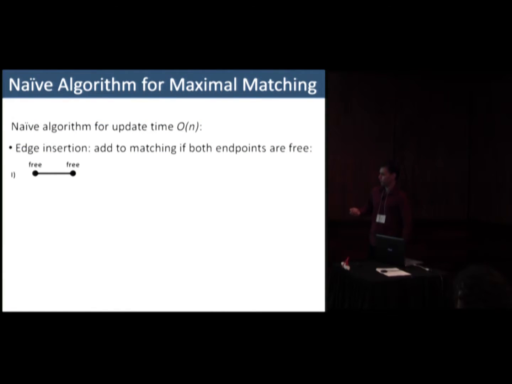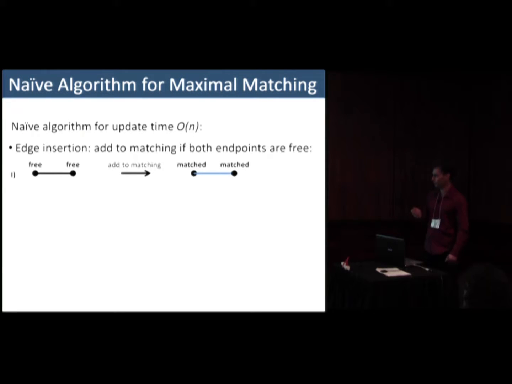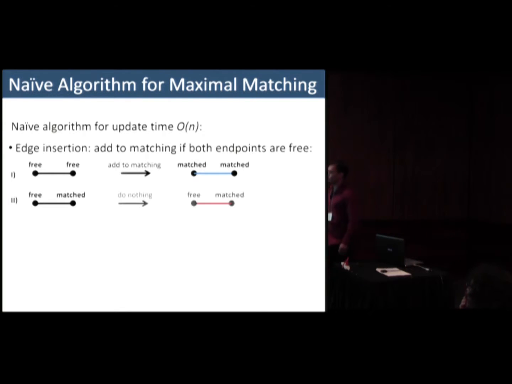Let's start with a very naive algorithm that will give us an order n update time. Following an edge insertion, we just check if the two endpoints are free. And if this is the case, we add the edge to the matching. And if this is not the case, then we don't need to do anything. So that's a constant time operation. If we delete an unmatched edge, then again, it's a constant time operation.